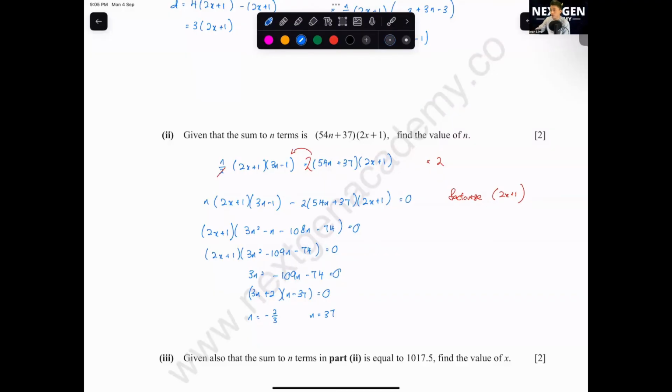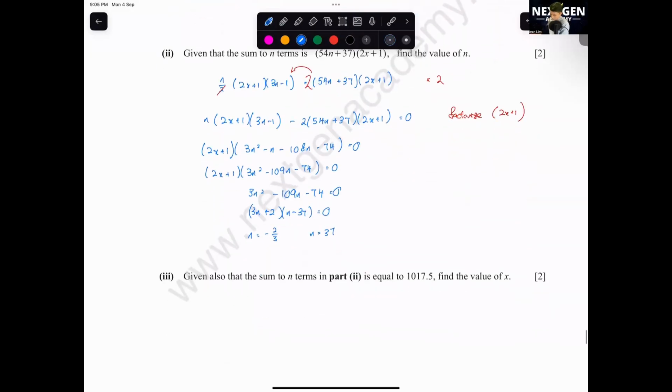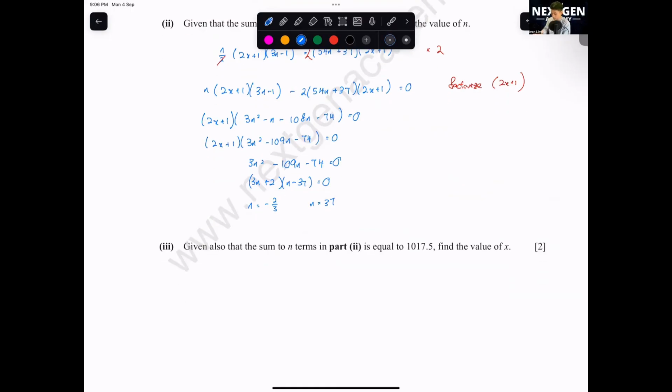Okay. Question 3. Given also that the sum to n terms in part 2 is equals to 1017.5, find the value of x. Okay, so the n we're going to use is 37. We just need to substitute it in. Then after that equals to 1017.5.